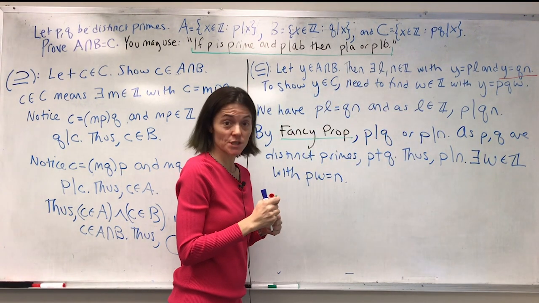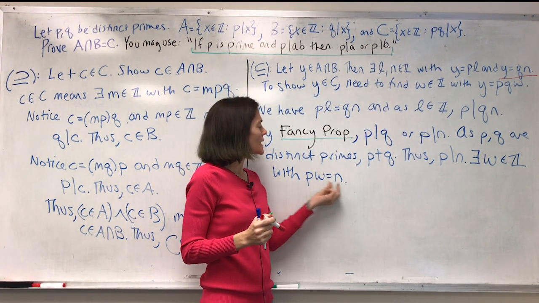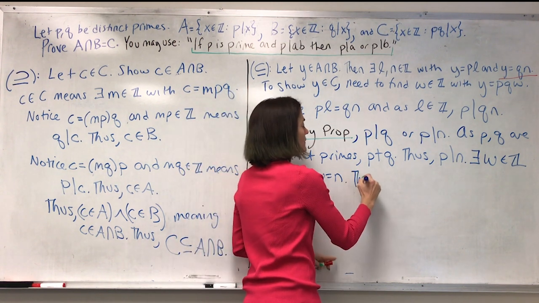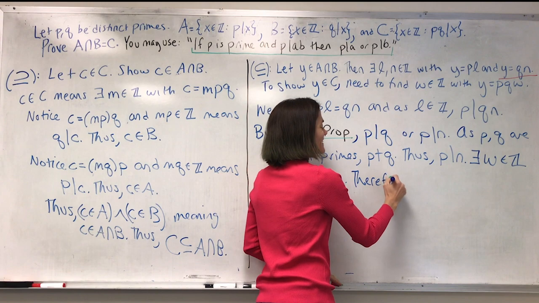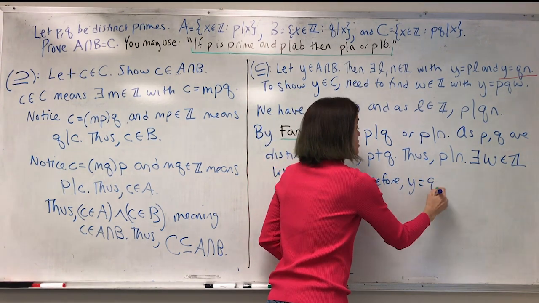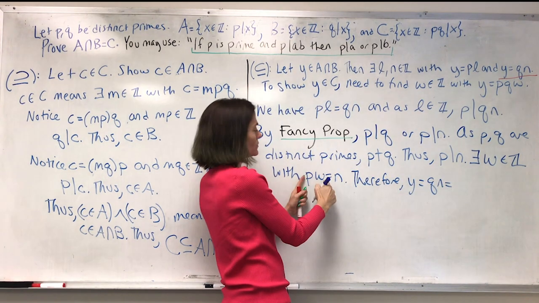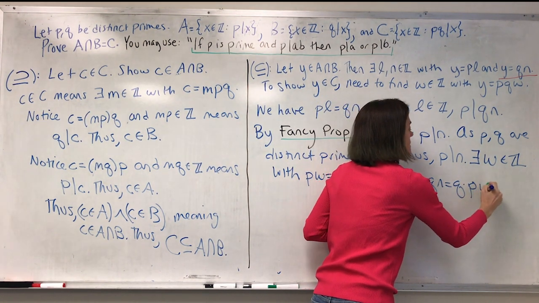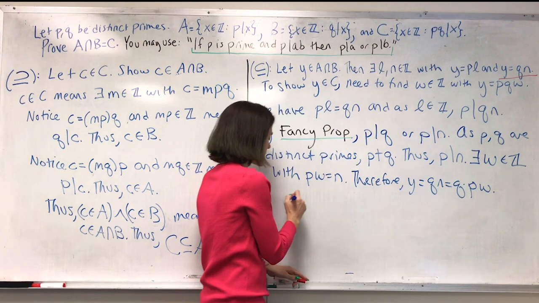I have y as qn, and then I can replace n with pw. So therefore, y, which is qn, is equal to q times pw.